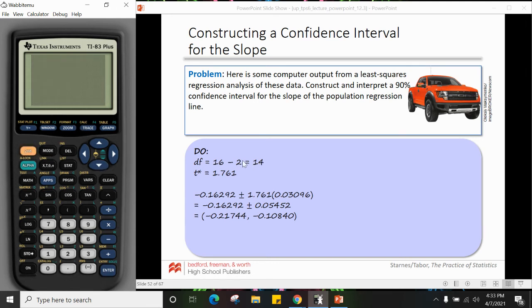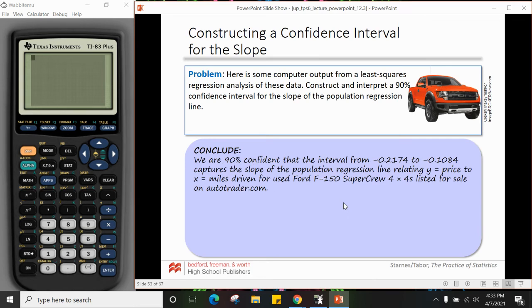But you can use your inverse t knowing your degrees of freedom and that it's a 90% confidence interval. Then it's b plus or minus that t star times SE sub b. I think all that information was given on the Minitab output, and that's how we got our confidence interval.